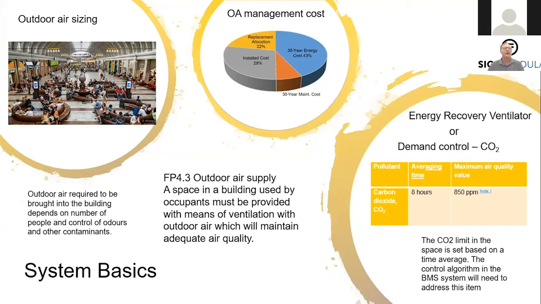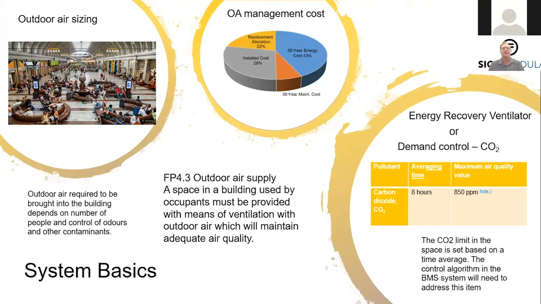Again, the costing and setup of the energy recovery ventilator or the demand control system needs to be taken into consideration. The code has a minimum air quality value for carbon dioxide averaged over an 8-hour period. That's the control limit that you can use to set in your BMS.